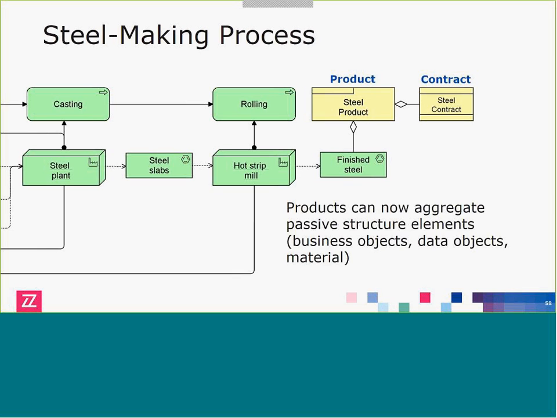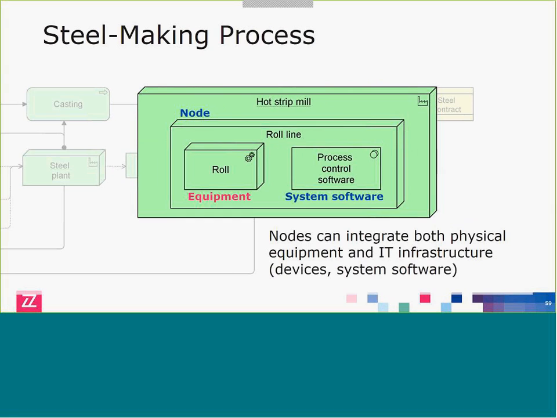Another example of an improvement: in one of these parts of the process, the hot strip mill, we see that there's much more detail inside. There's what they call a roll line, where they roll the steel, that's the physical equipment, but then also the process control software.